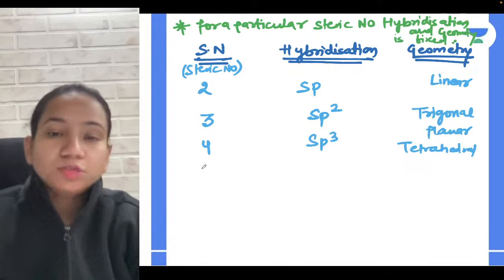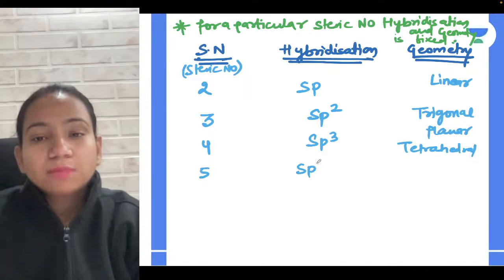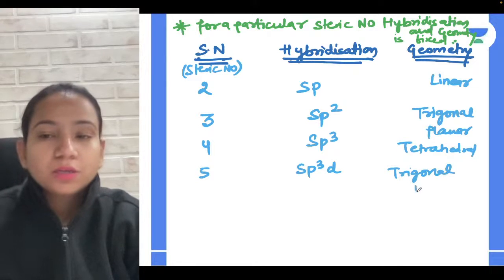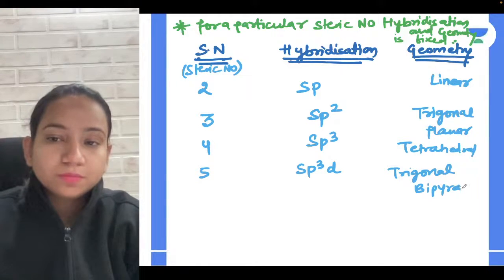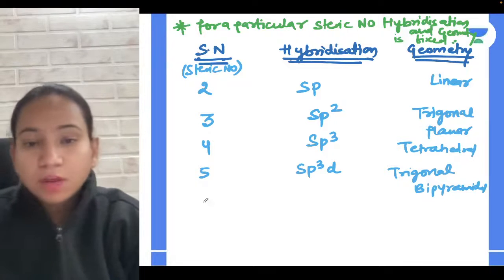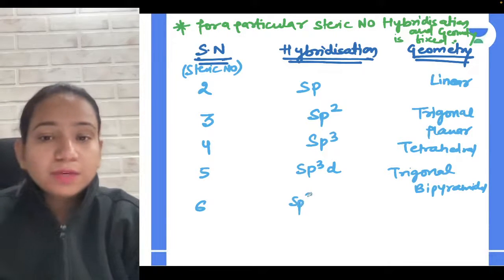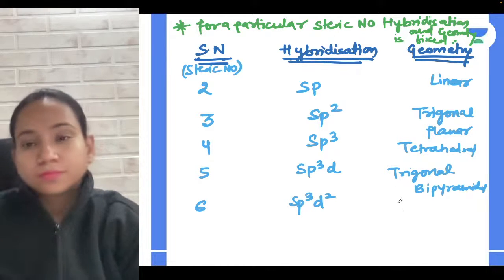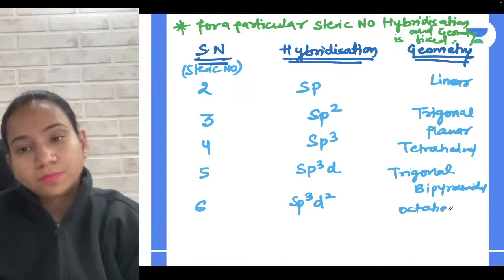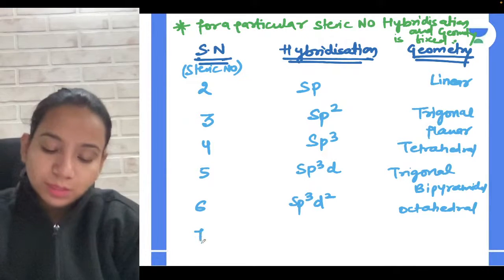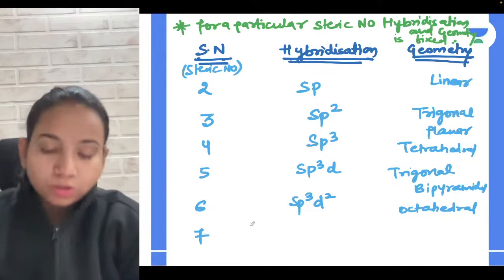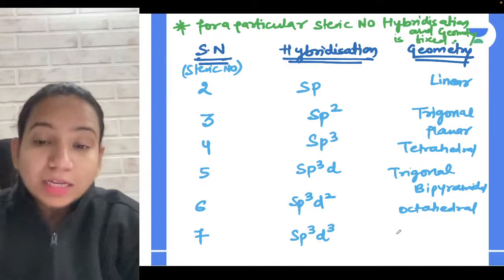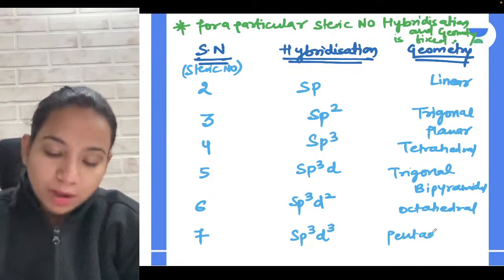Steric number 5: the hybridization is sp3d and it is trigonal bipyramidal. The geometry is fixed. For steric number 6, hybridization is sp3d2 and it is octahedral. For steric number 7, hybridization is sp3d3 and it is pentagonal bipyramidal.